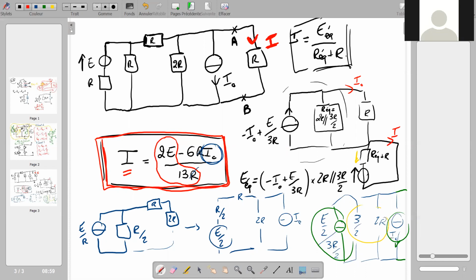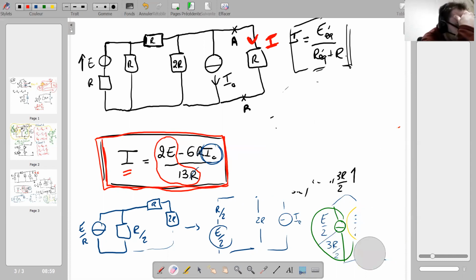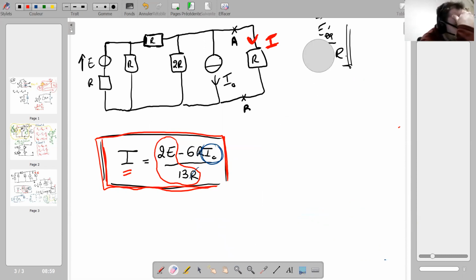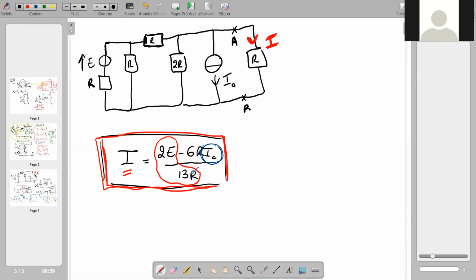Let's say, forget about all of this. This was just showing you how to play with the simplification equivalent model. But back here, could you say something about resistors in this circuit, can we simplify them? And the answer is no.